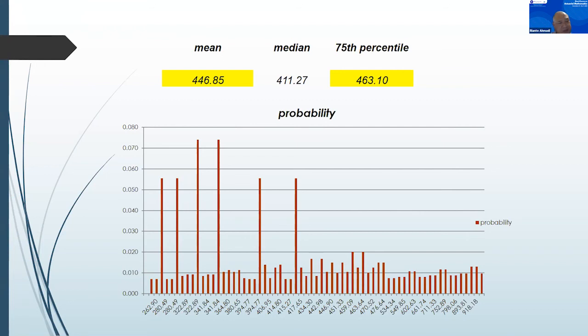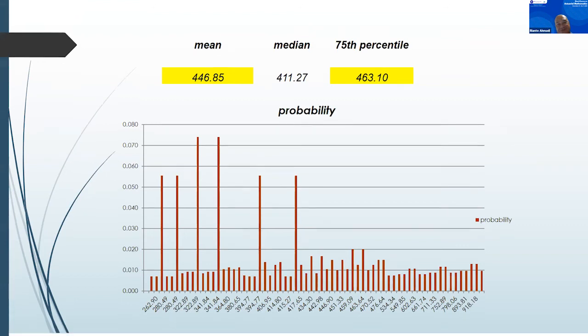If we want to make sure that the money is going to be enough with probability 75%, then we have to allocate 463.1 units in the company for this policy alone. Okay, let's get to the next slide.